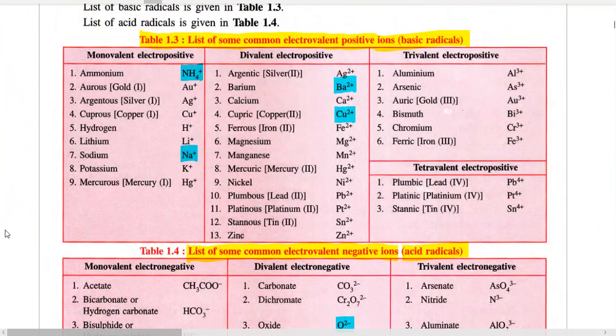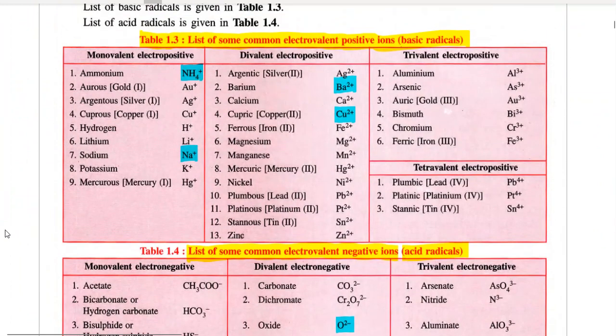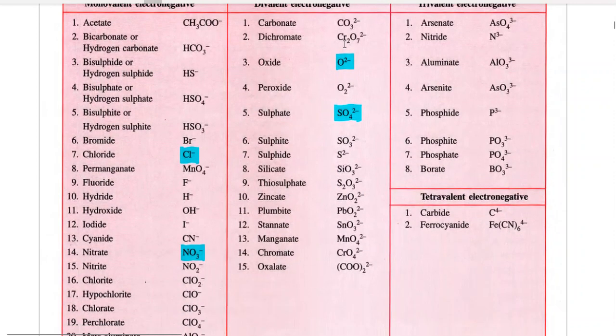Let's take one more example. Okay, let's take potassium. Potassium K plus, and let's take zincate, ZnO2 2 minus. Potassium zincate.